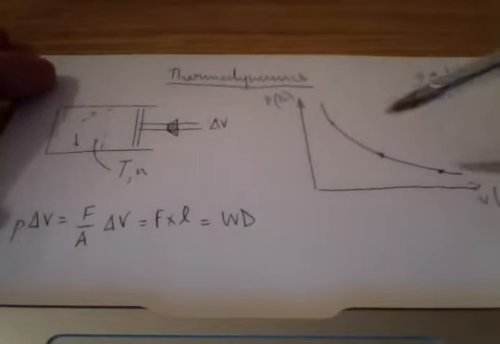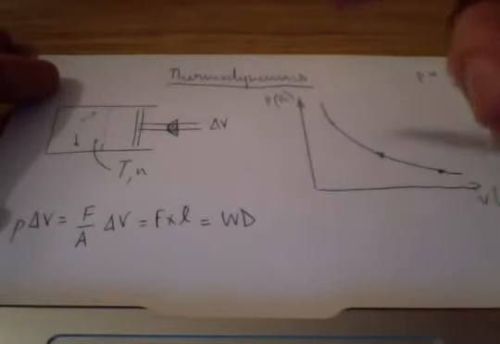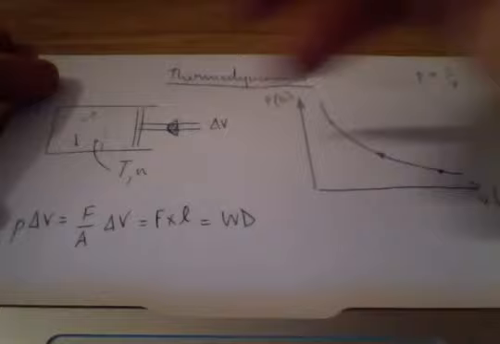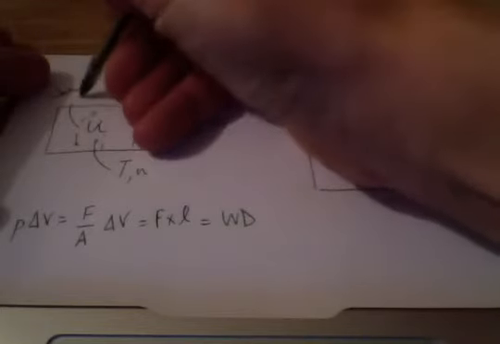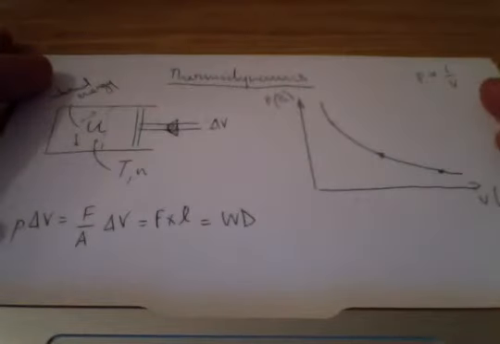Now, I'm sure you're all familiar that if you do this with a bike pump and you move back and forth, then the temperature of the gas increases. The internal energy of the gas, should we call it U? So U is the internal energy, and it increases.